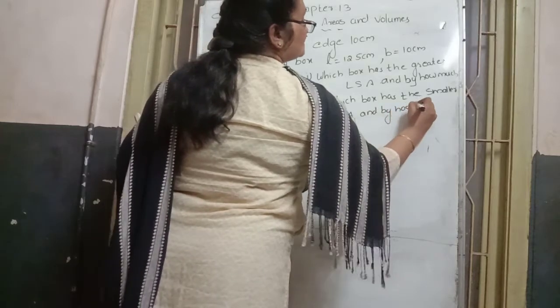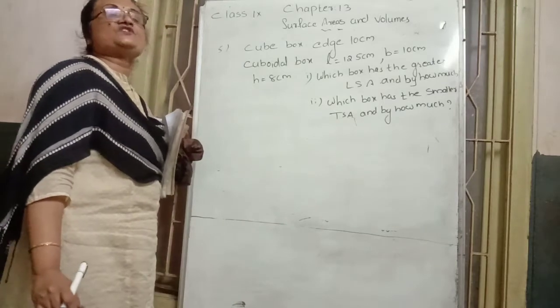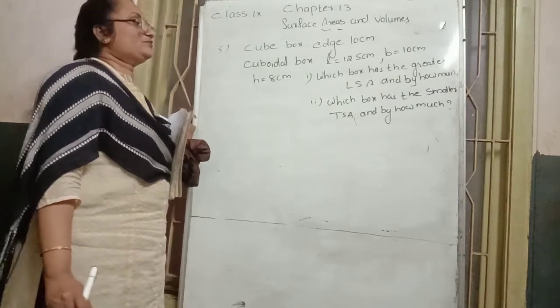Two parts are being asked. Two types of box are there: one is a cube shape box, another is a cuboid shape box.